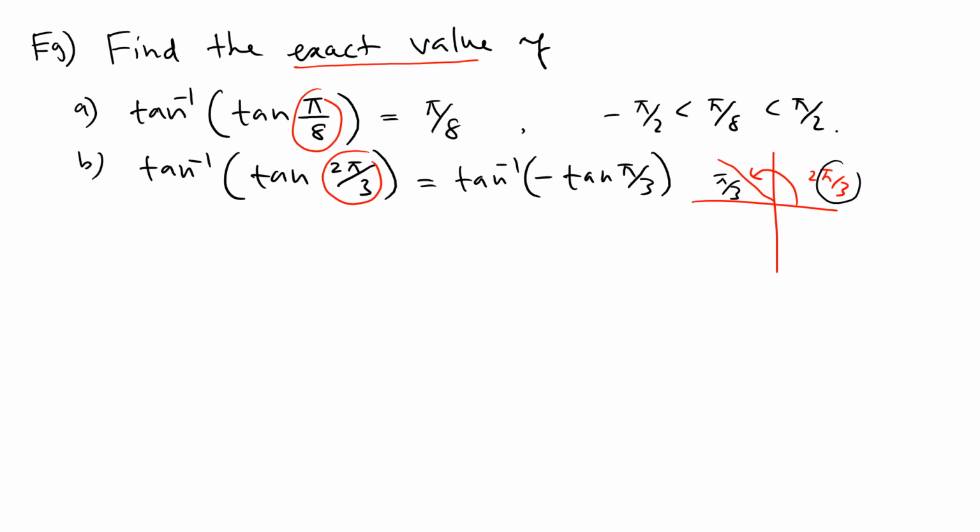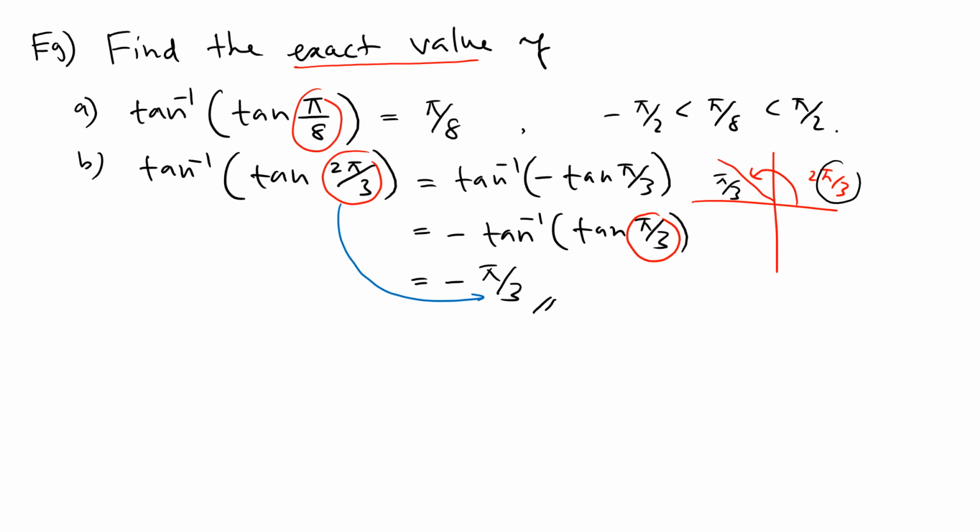Now, since this is an odd function, we're going to pull the negative sign out. So we can write this one as negative tan inverse tan pi over 3. Now you can see that this angle is actually in the domain, so the answer is negative pi over 3. The interesting part is that these two angles are not equal to each other, so you get a different answer when you try to find them.